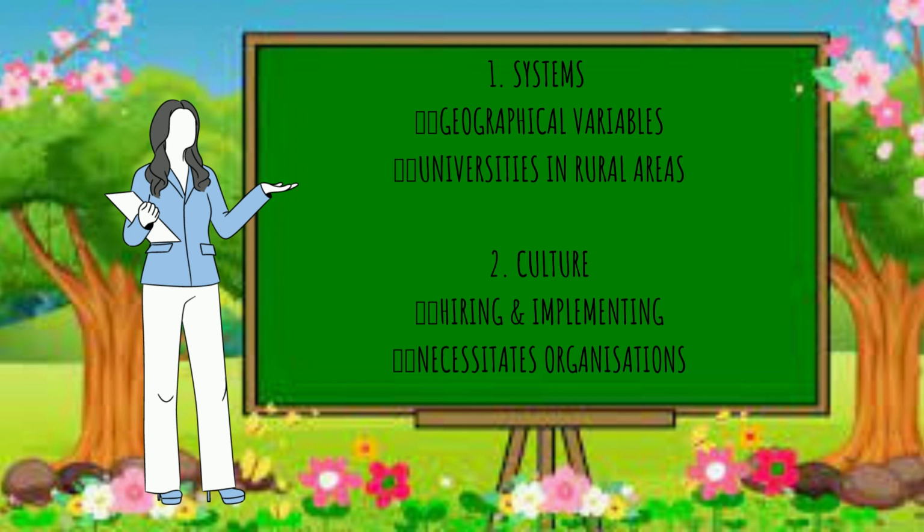Next is system. System is one of the elements included in entrepreneurial architecture. Geographical variables contribute to the diversity of approach taken by universities to the third purpose. Universities in rural areas face a diverse economic foundation characterized by small enterprises, as well as a shortage of knowledge institutions. Last but not least, culture.